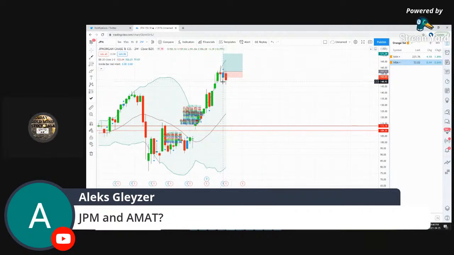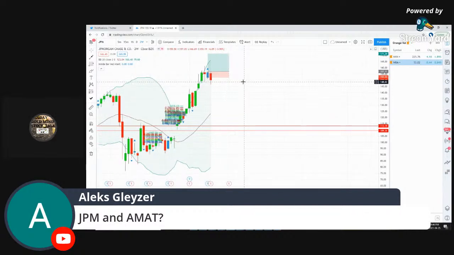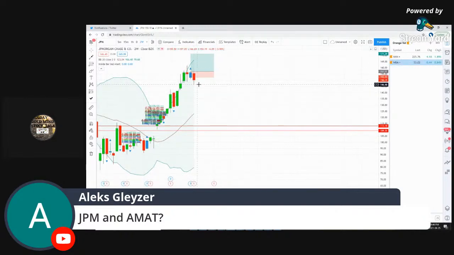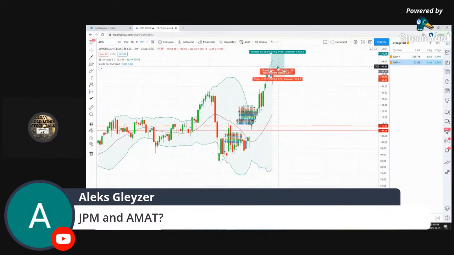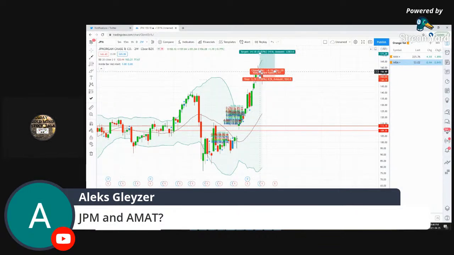So we had an inside bar setup here on JP Morgan, and this is on the 2-week chart. We pushed up, we pulled back down, and this is very suspicious in my estimation, because we had a doji, an inside bar, and then a breakout, and then a fail.